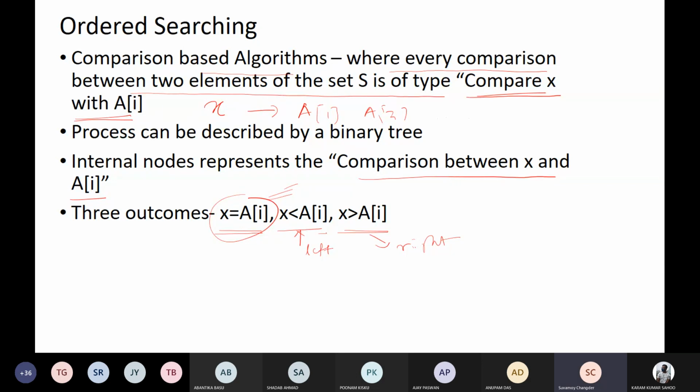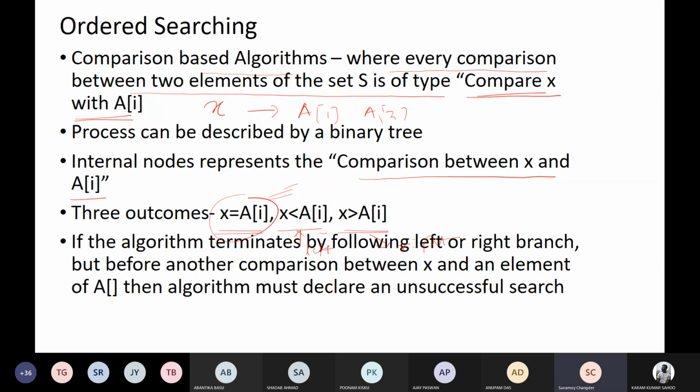Now, think about an algorithm that terminates by following either the left or right branch. Later I will show an example. Suppose we compare X with A1 and so on up to An, where An is the maximum element, so the list is 1 to n.